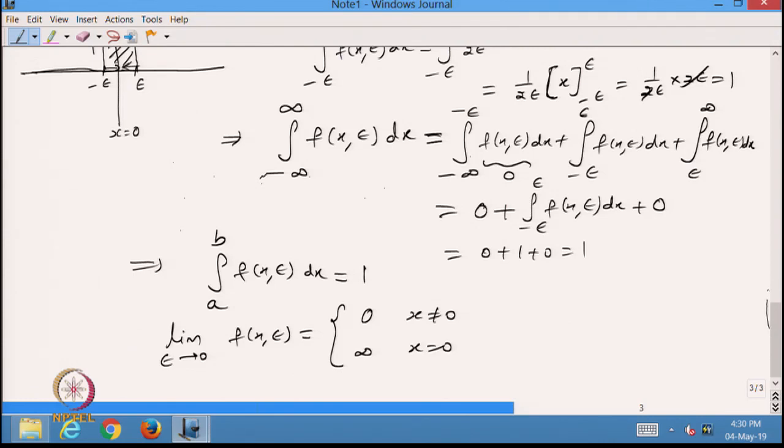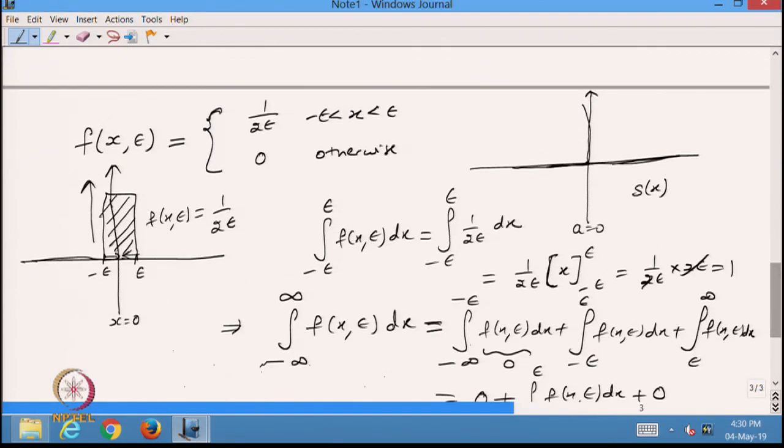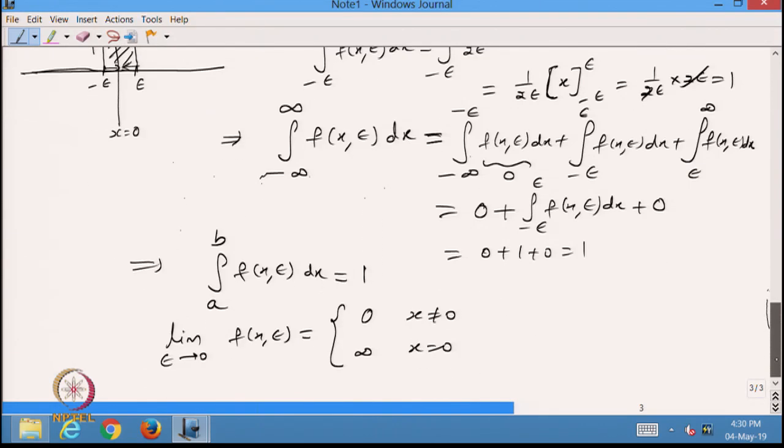When epsilon tends to 0, we are heading toward x equal to 0, its value will be infinity, otherwise the value is 0. So basically I can say that this is equal to the Dirac delta function.